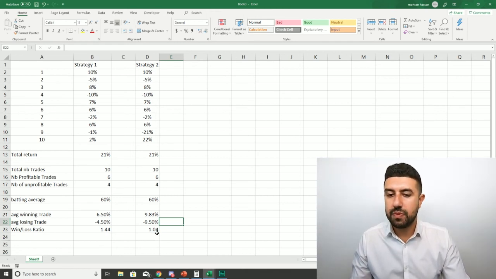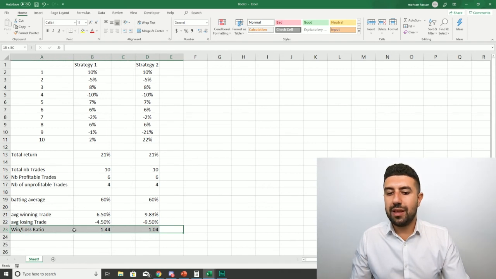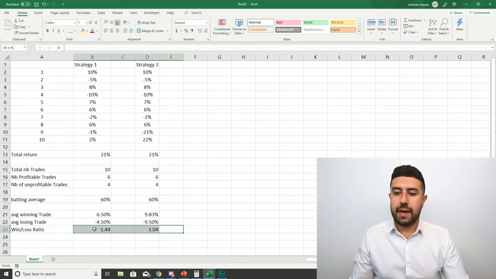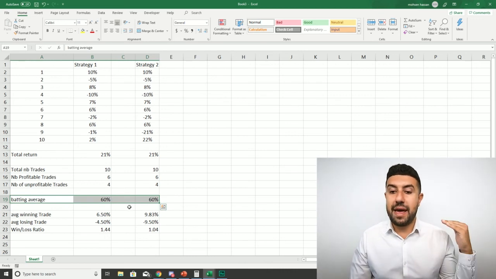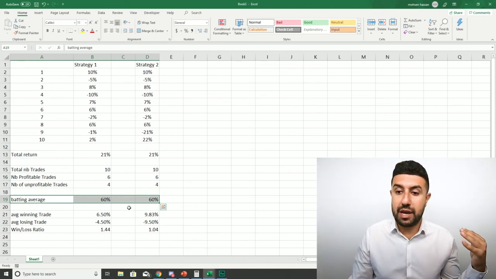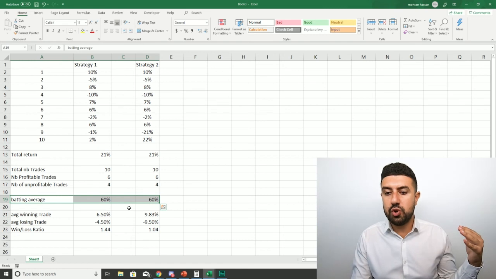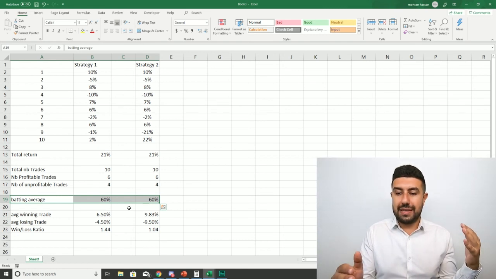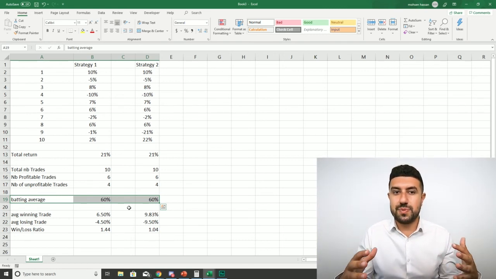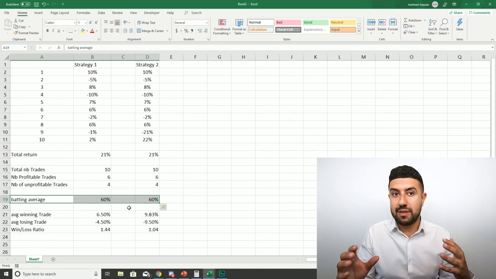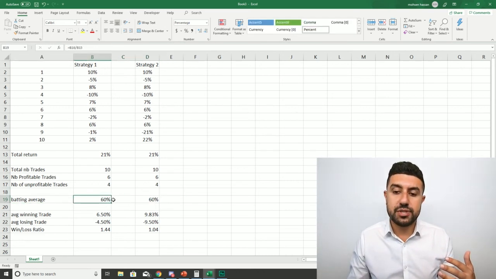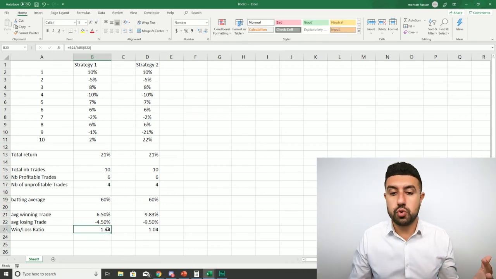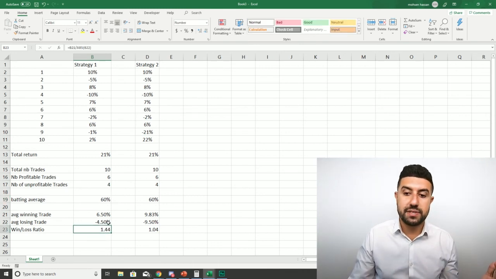Not that much. So basically, win-loss ratios go hand in hand with batting average. Somebody might have a really high batting average in the 80%, but his win-loss ratio is actually a bit less than 1. So the strategy might be profitable, but not that much. Somebody else might have a batting average of 60%, and then have a 1.5 to 2 win-loss ratio, which is great.